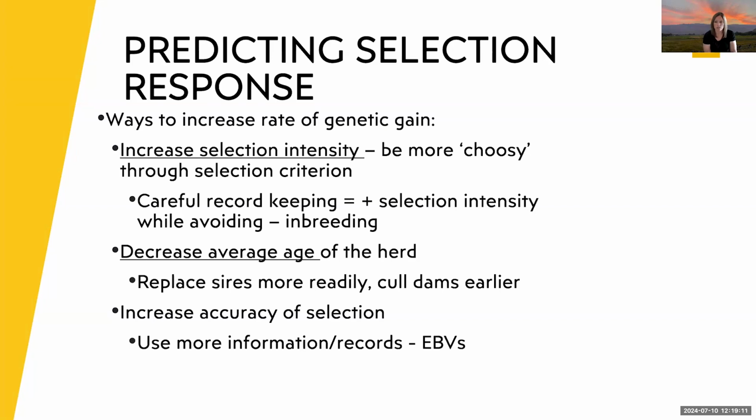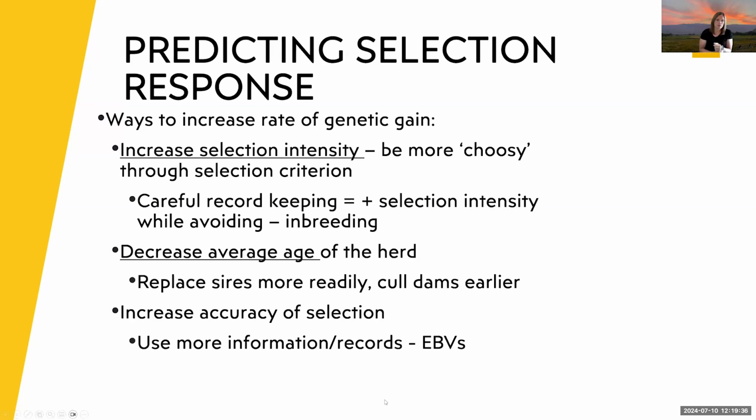So say you have 100 lambs that you're choosing from, and you're going to keep 50 of them. That means half the animals are staying and half of them are going. If you become more choosy in that you would only keep 20 rather than 50, you're going to be picking that top 20% rather than the top 50%. So of course, you're going to make more progress doing it that way.